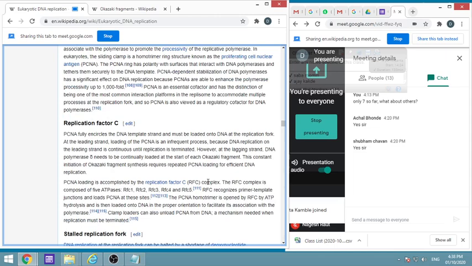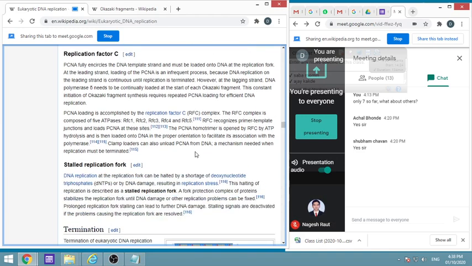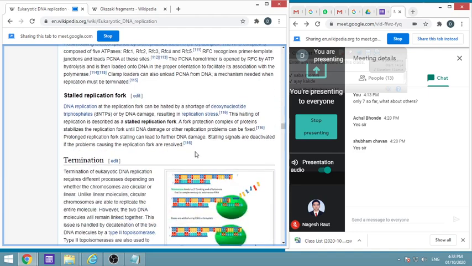Then the replication factor C is again important, and the antigen is loaded by the replication factor C, and thus they are complementary to each other.